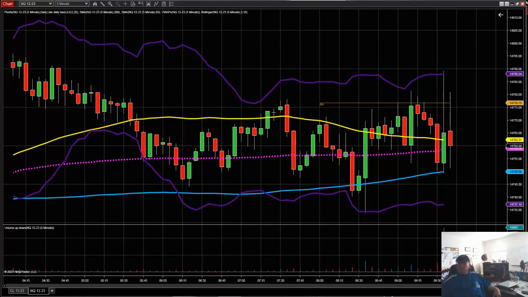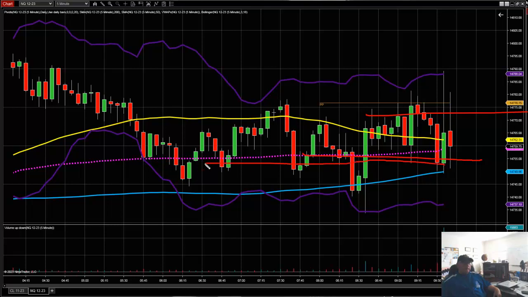Overall speaking, we got a trading range going in here, right? It's not exactly correct. It's something like this. Trading at the VWAP.